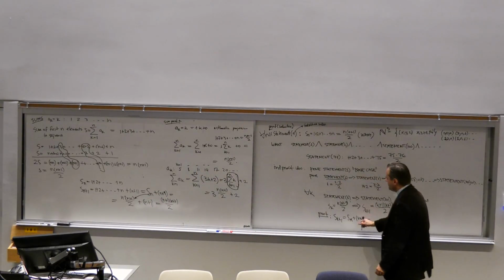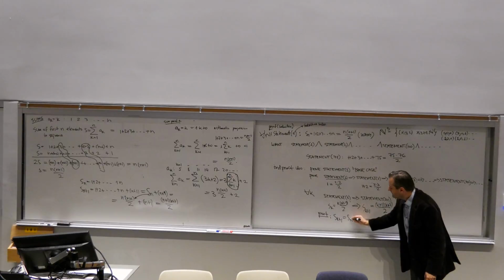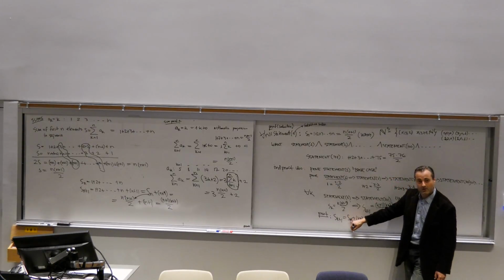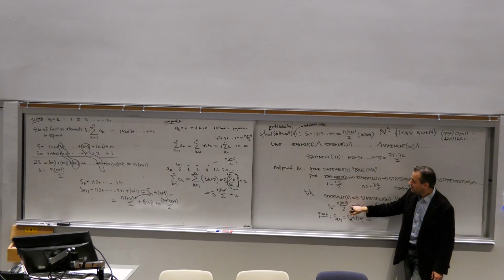Now, I know who S_k is. Logically speaking, why do I know who S_k is in this whole induction step? What allows me to say I know S_k? Not the base case. The induction premise, right?